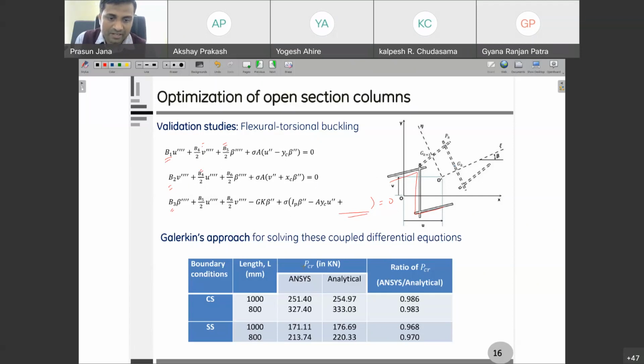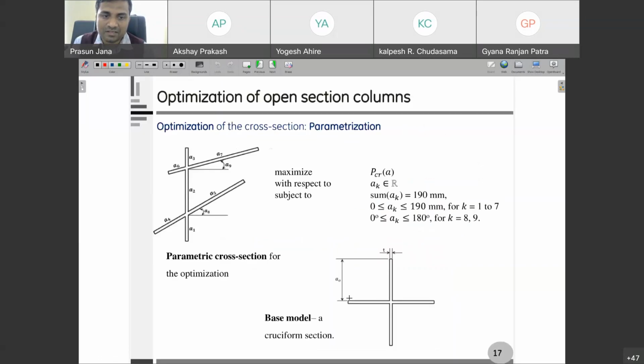So for certain cases we have just seen that FEM and analytical are matching well. But analytical will take time, and for optimization setup it may be very difficult. So we can go with Ansys and Matlab based optimization scheme. So here, this is our parameterization. So here I am taking this shape.